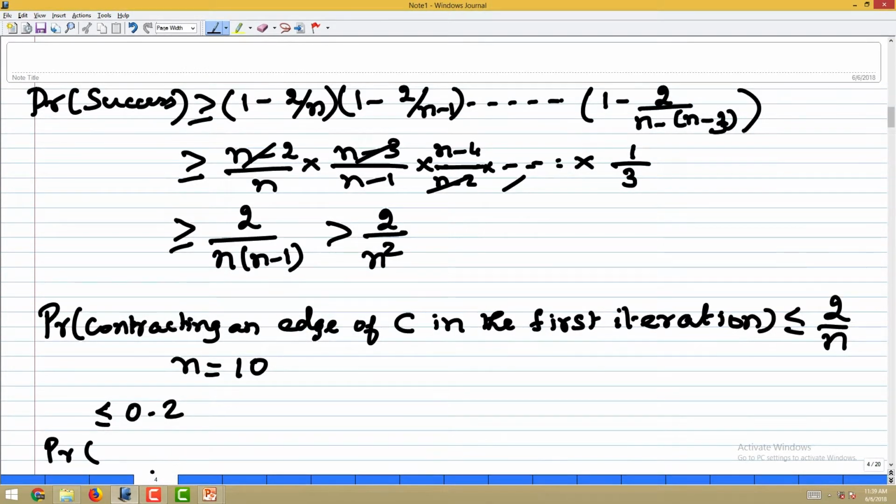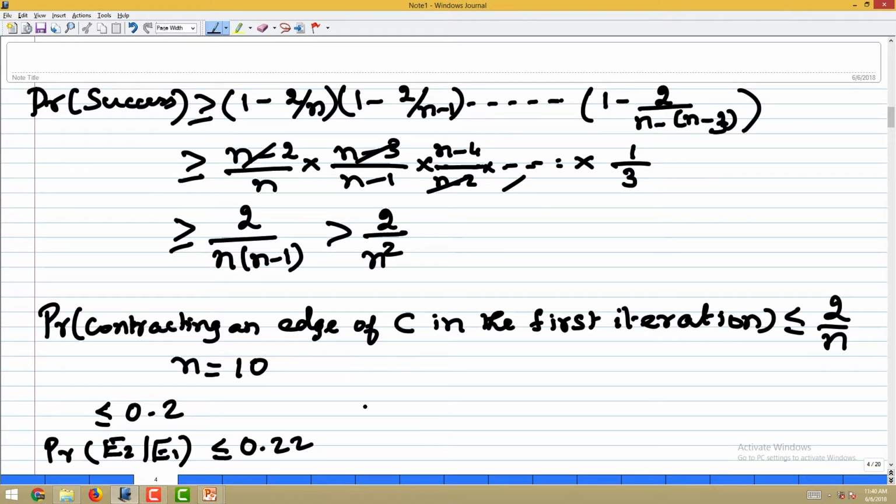What is the value? Why no answer? 2 by n minus 1, 2 by 9, am I correct? So, 0.22.